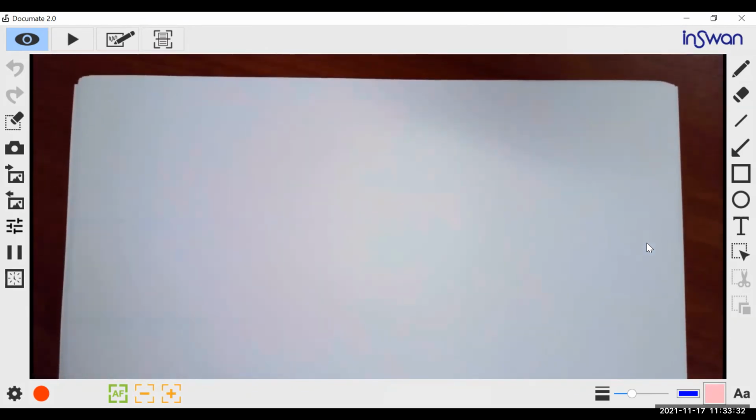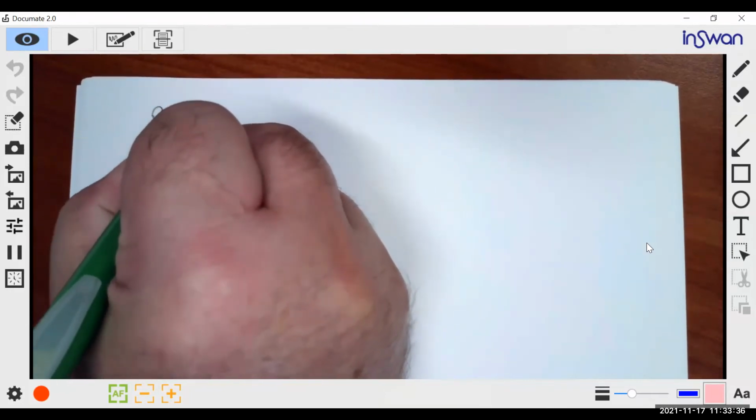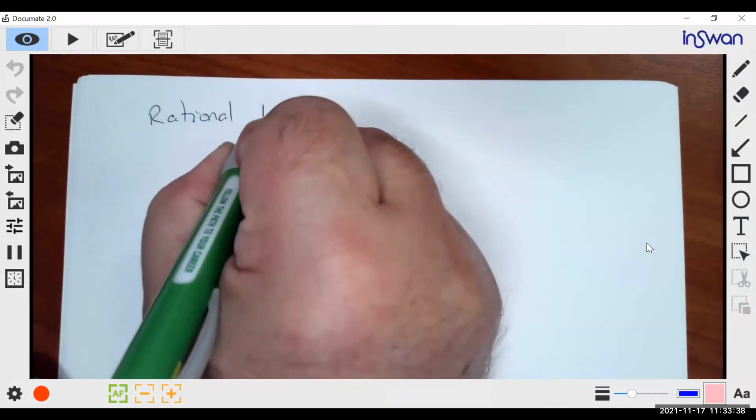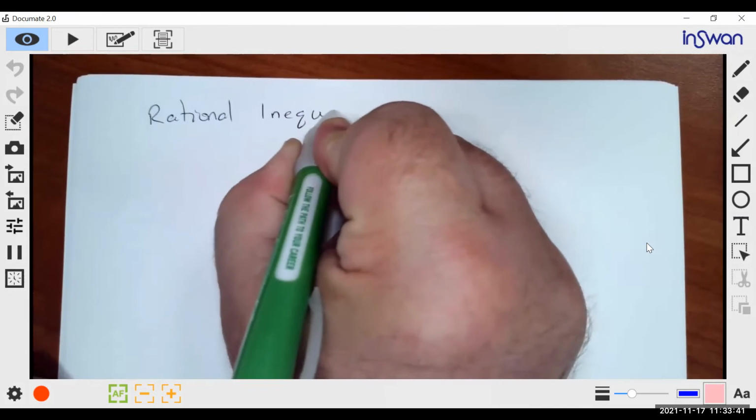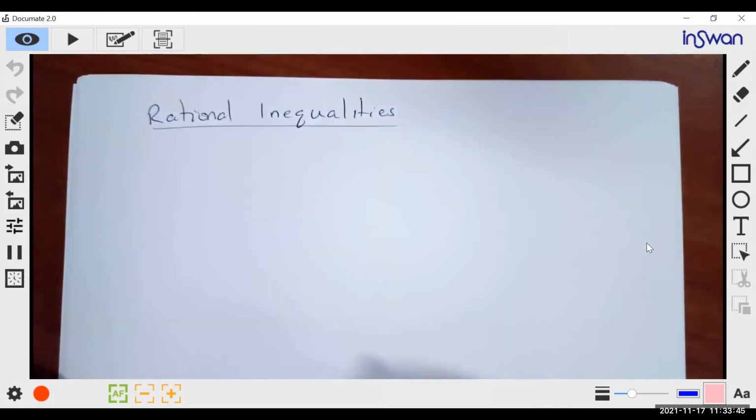The very last thing is rational inequalities. Rationals are fractions.